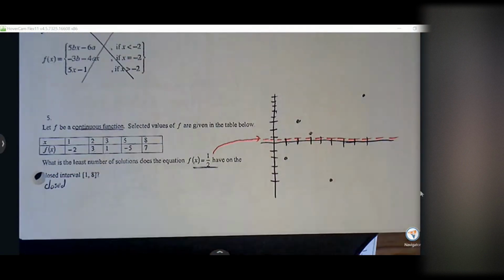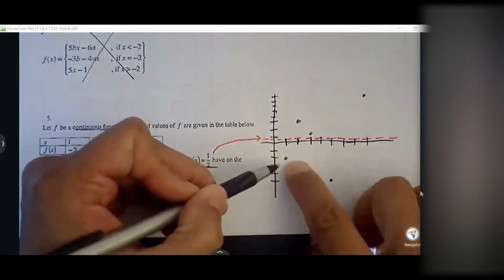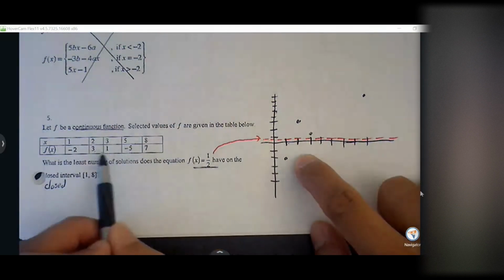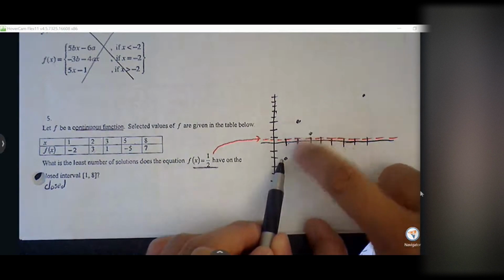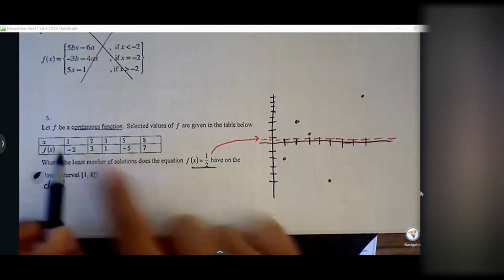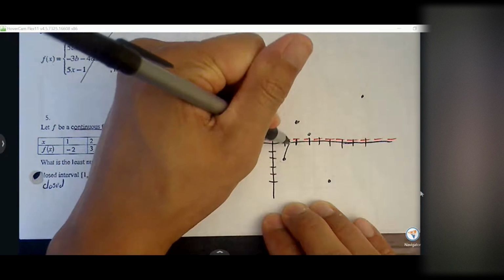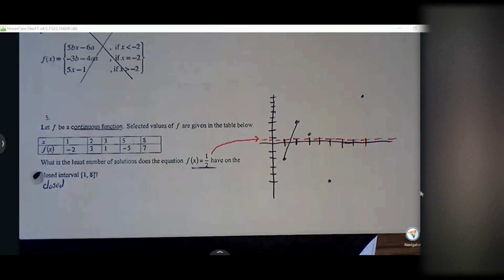So if I connected all the dots, what's the least number of times that the graph has to cross through 1/2? We can see that between f of 1 and f of 2, the graph is going to cross through 1/2 because we're going from -2 all the way to 3. So that's one time there.